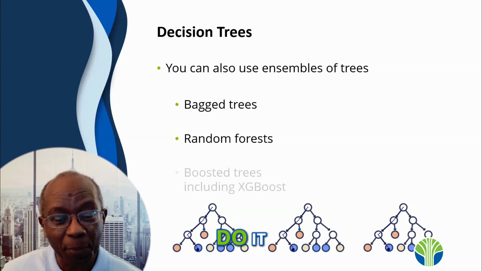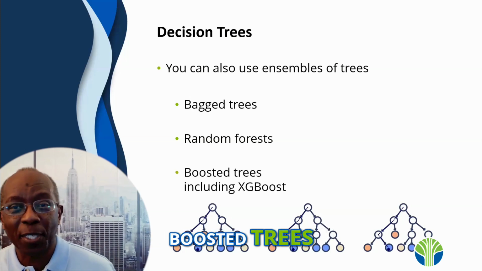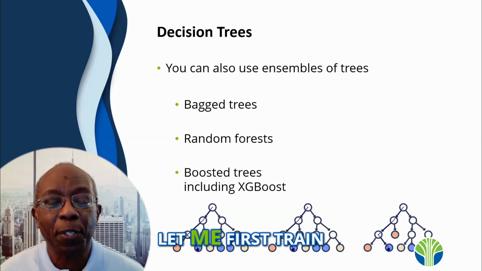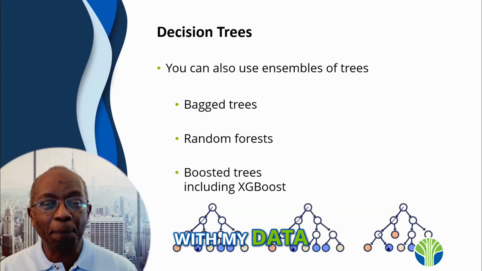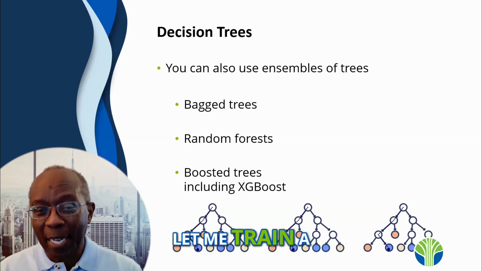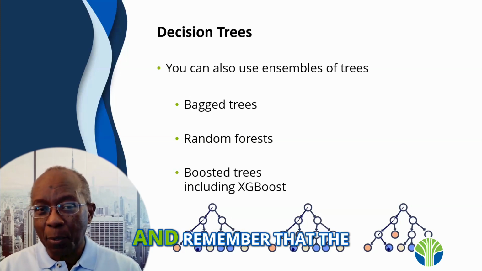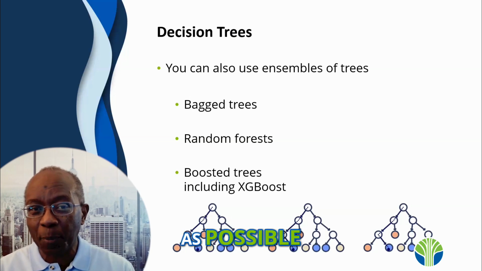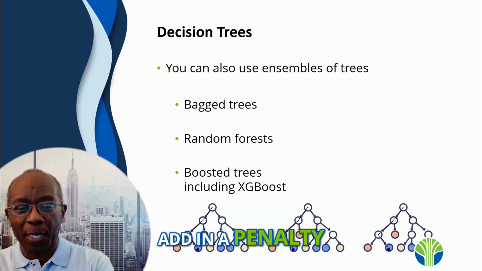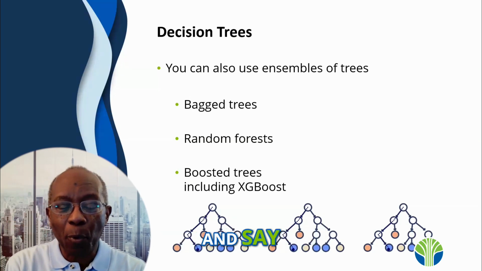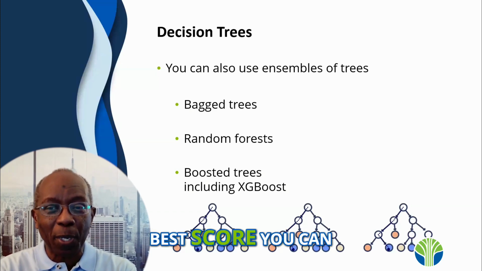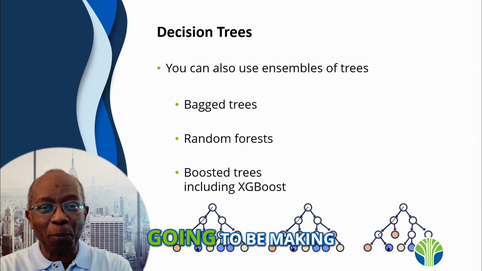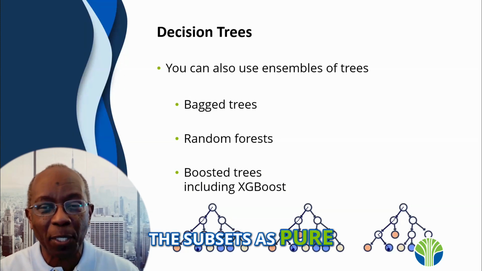Another way you can do it, which is the idea of boosted trees, is to say, let me first train one tree with my data. It will make some mistakes. Let me train a second tree, and remember that the trees try to divide the data so that it is as pure as possible. This time, add in a penalty and say, I want you to try to get the best score you can, but it's not just going to be making the subsets as pure as possible.